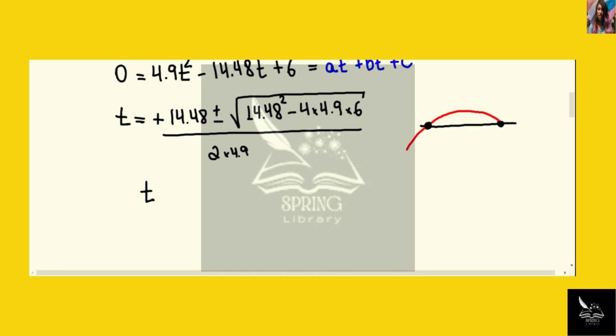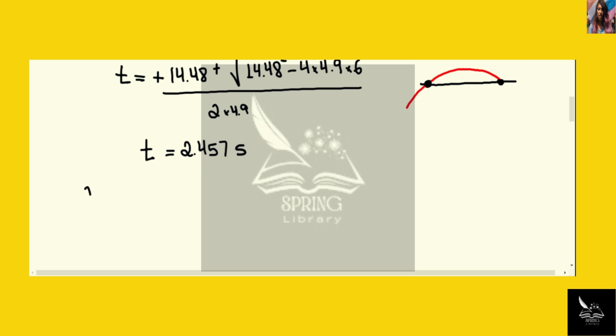It's when the ball reaches the playground. So for that reason, we are only interested in the plus solution. So I'm gonna erase the minus sign, and we can just carry out the calculation now and get that t is equal to 2.457 seconds.